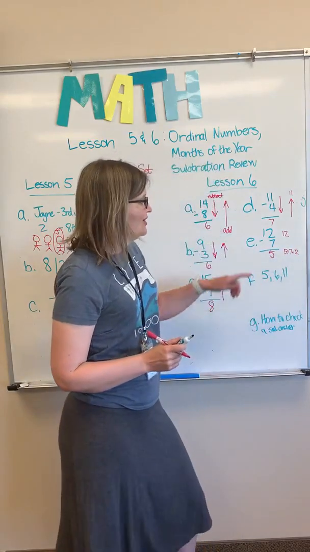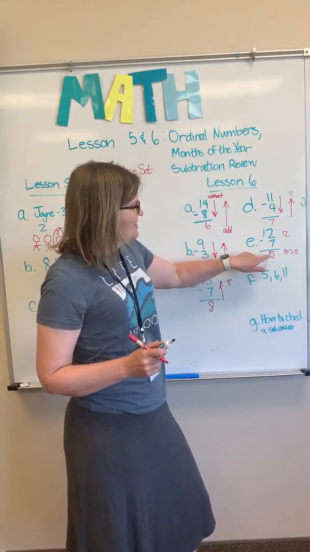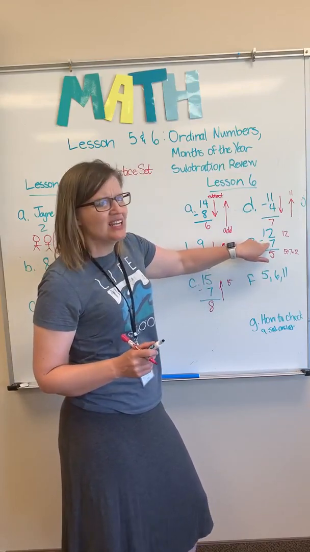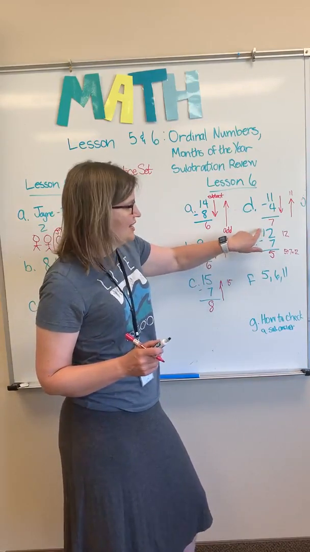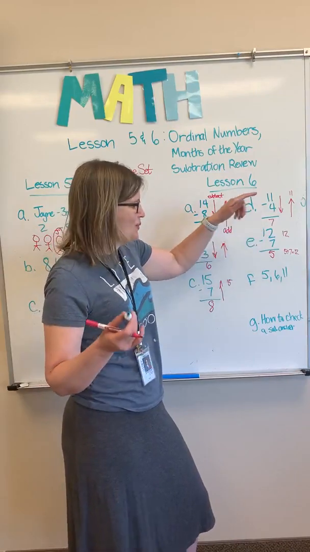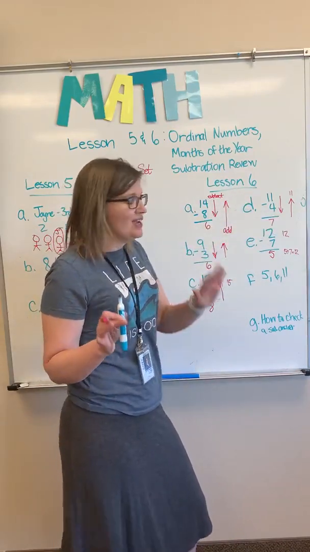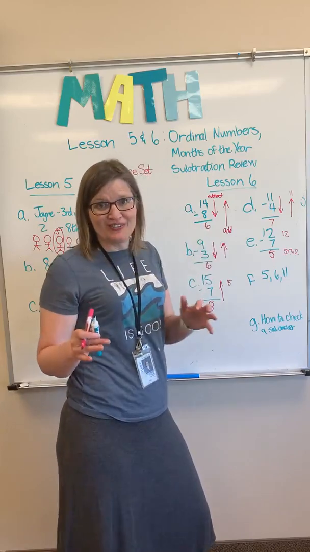That's a little check. If I put a 9 there, I would have said 9 plus 7 equals 16. Would that answer be right? No. So don't get sloppy. Focus on what you're doing.